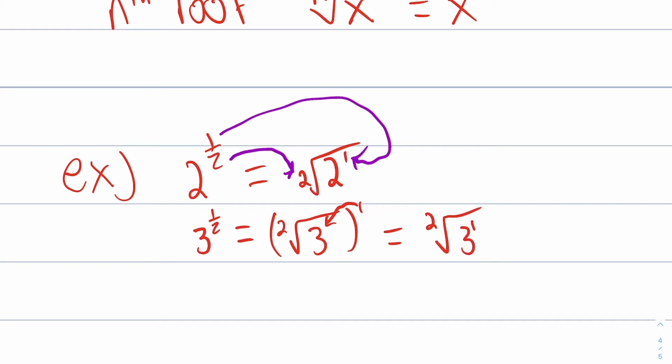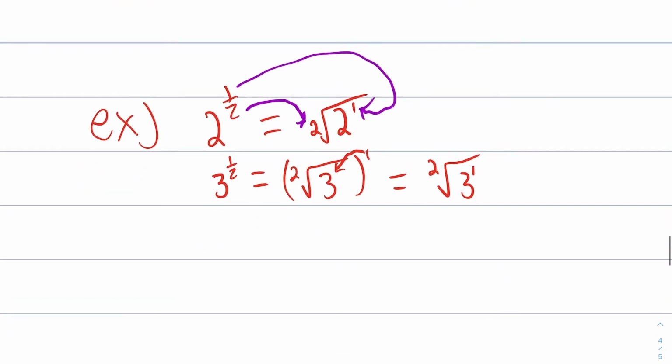So you can put that number 1 out here, or you can put it right there. The reason why you have to keep track of which number is the top number, the power, and which number is the bottom number, the root, is because you can have something that has a power and a root.